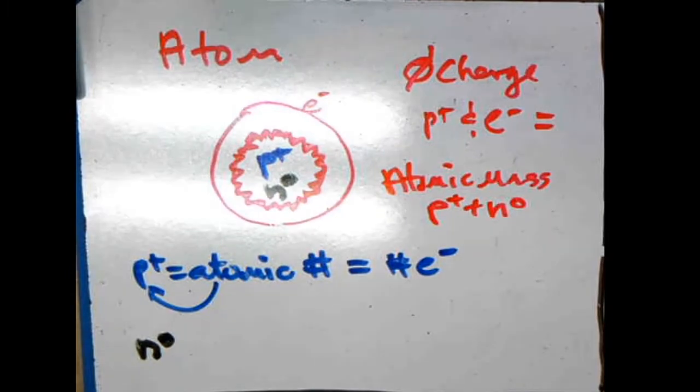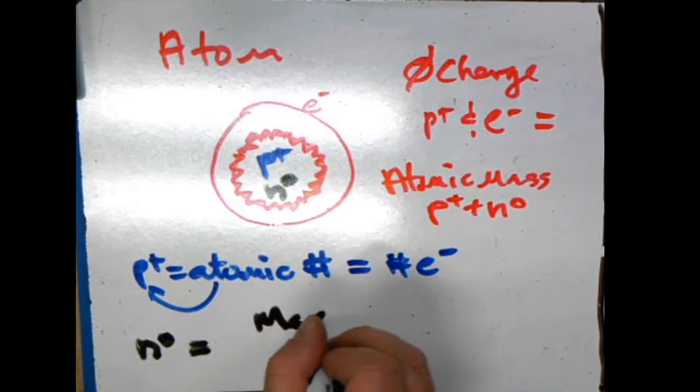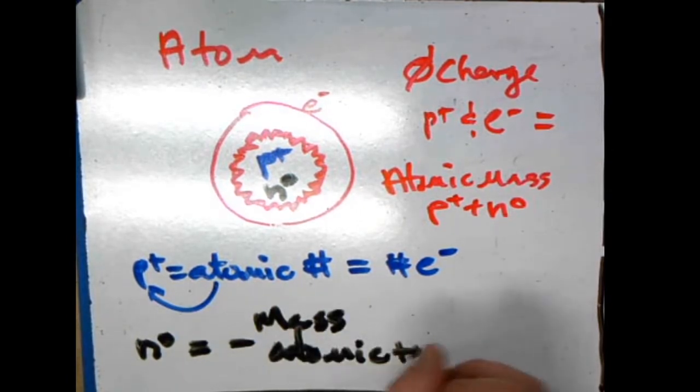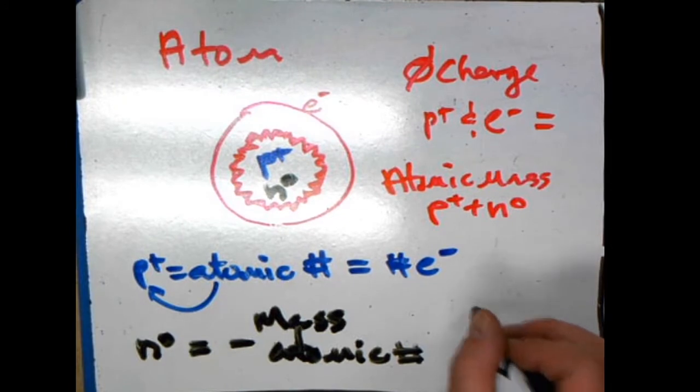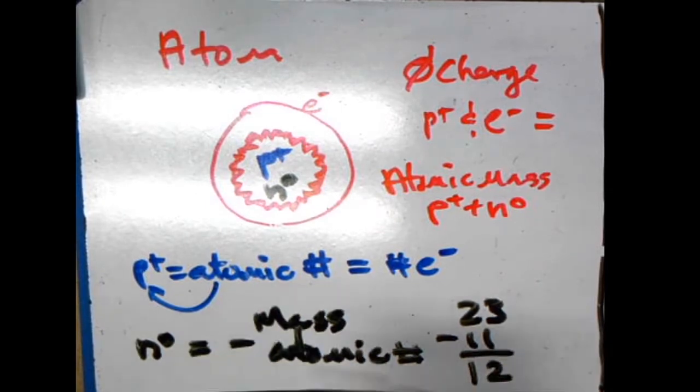So if you want to find the number of neutrons, you're going to take the mass minus the atomic number. If we go back to that example of sodium, remember you're going to round the mass, so you'd have 23 minus 11, so that would give you 12 neutrons. Always mass minus atomic number, mass minus protons.